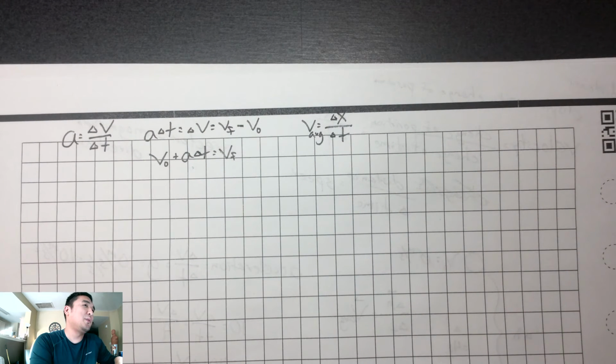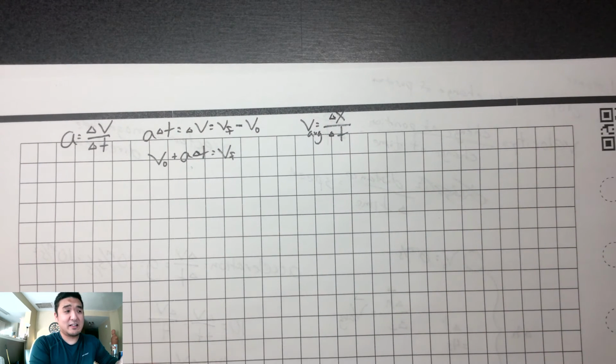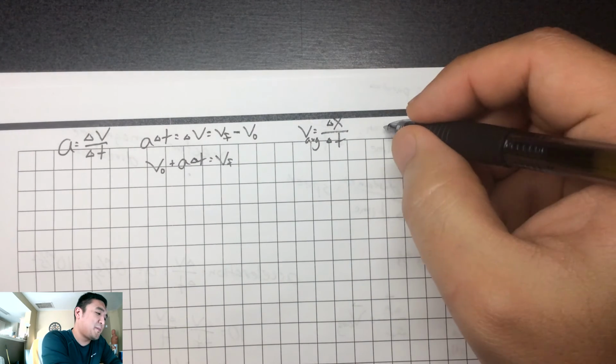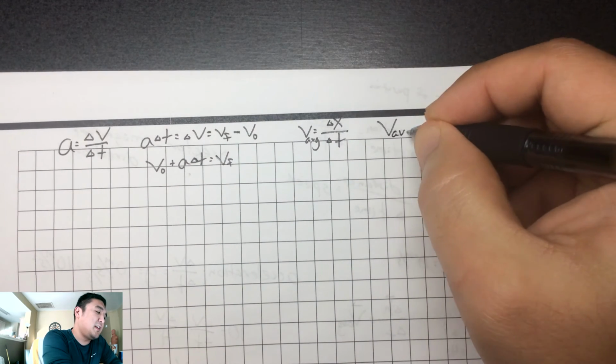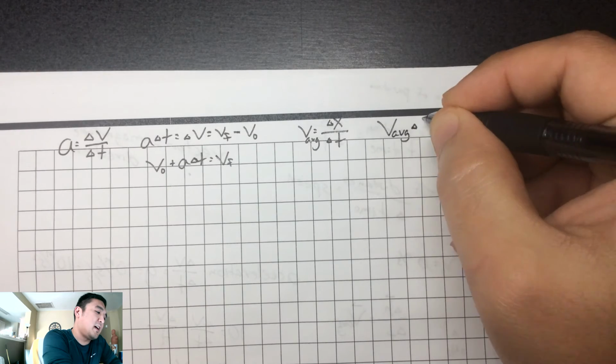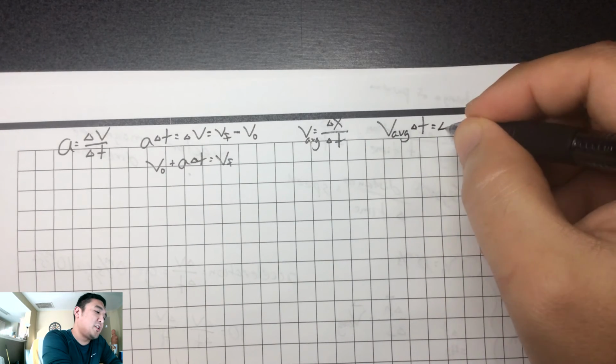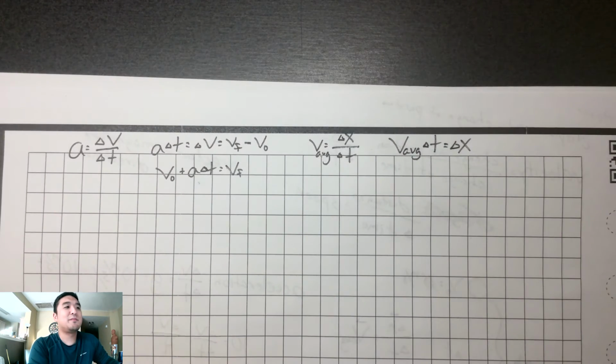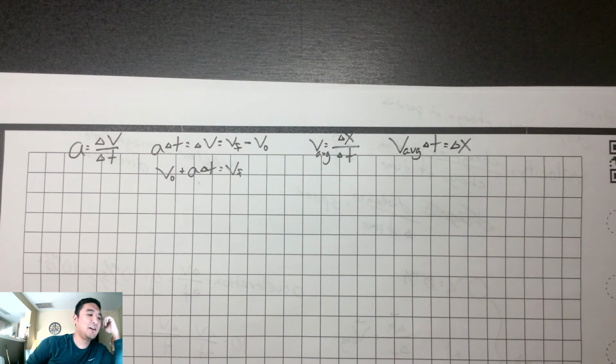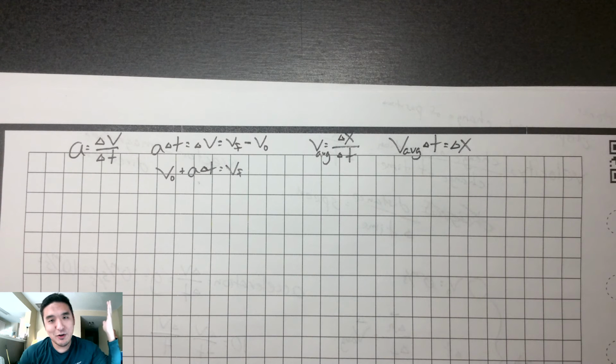Well, we can do the same thing to that and just say, all right, average velocity times a time would give us a change in position. Okay, fantastic. If you know how fast you're going, if you are always going that rate, if you multiply by a time associated with that velocity, you would get how far you go.